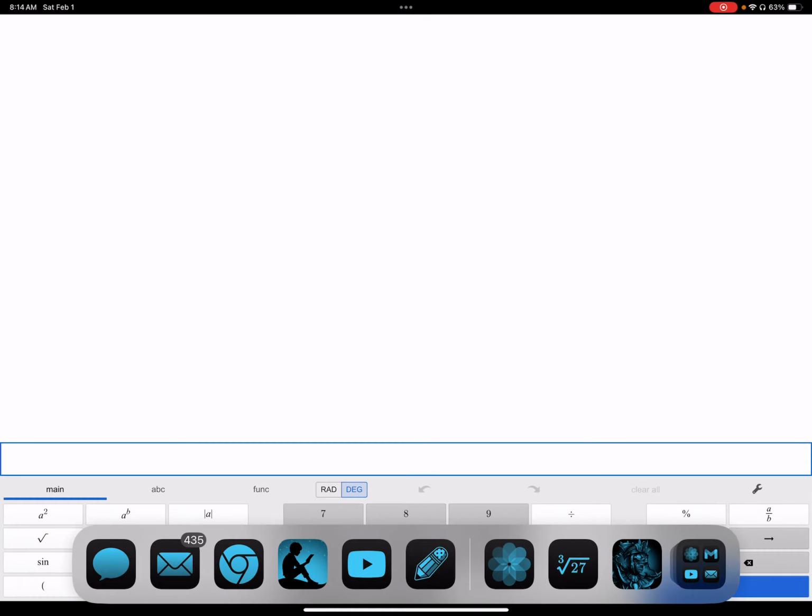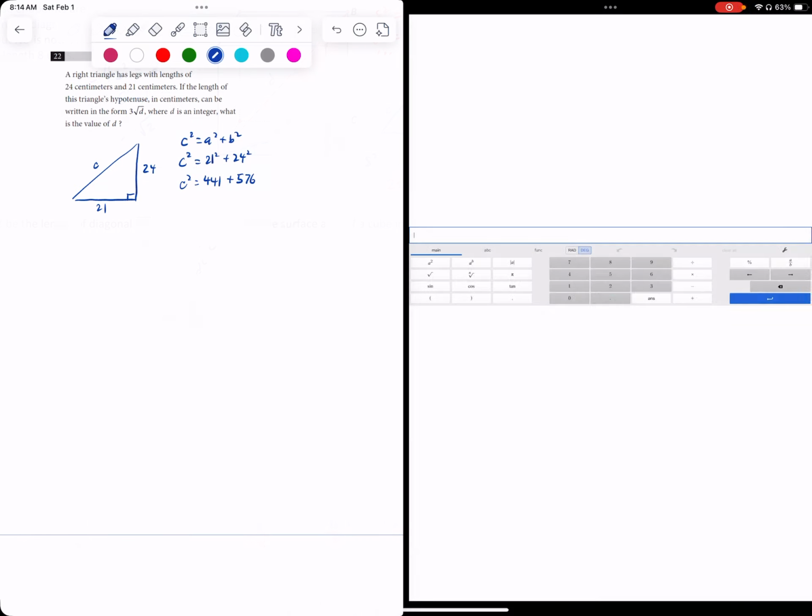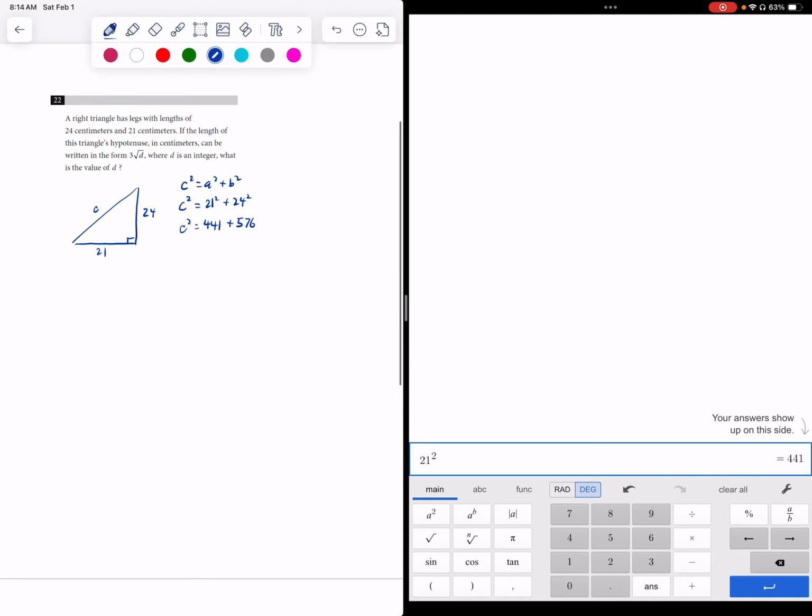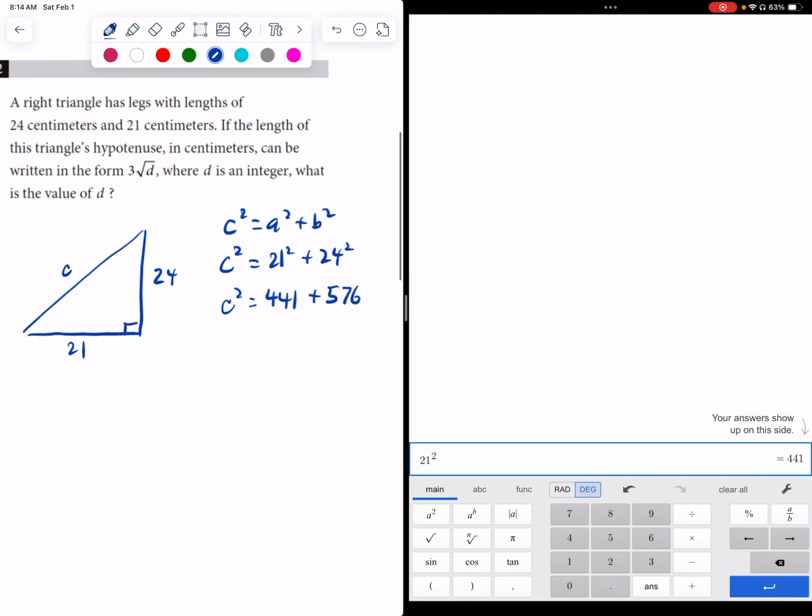Okay, so 21 squared is 441, and 24 squared is 576. I'll add those together, and I get c squared is equal to 1017.